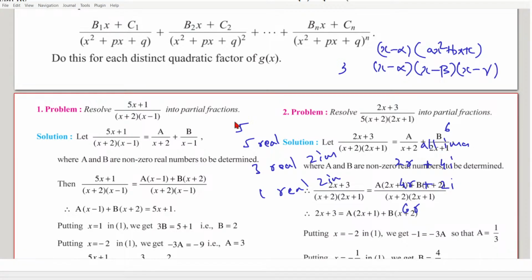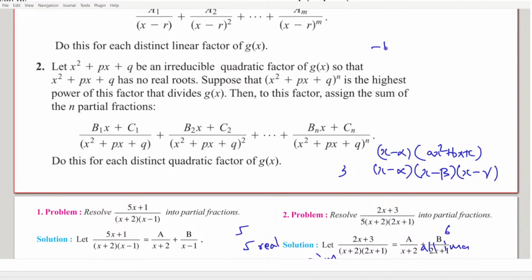So, try for a quadratic equation with one real and one imaginary root. Tell me one quadratic equation where you will get one real root and one imaginary root. For a quadratic equation, the roots we get are minus b plus or minus under root b square minus 4ac by 2a. If this is less than 0, then both roots are imaginary, something like minus 2 plus or minus 4i.